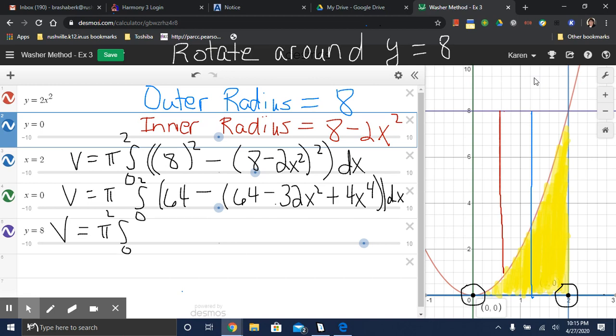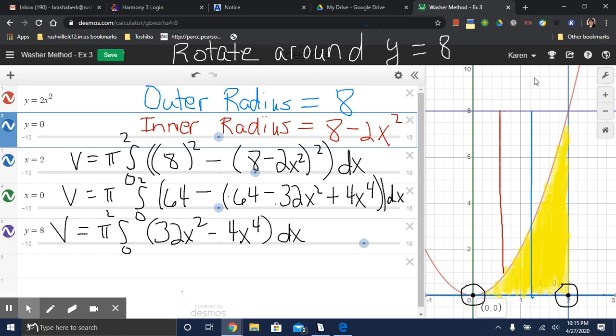So volume would equal pi times the integral 0 to 2. We have 64 minus 64, that's going to cancel. The minus negative 32x squared will become positive 32x squared. And then the minus sign will also distribute to make minus 4x to the fourth dx.